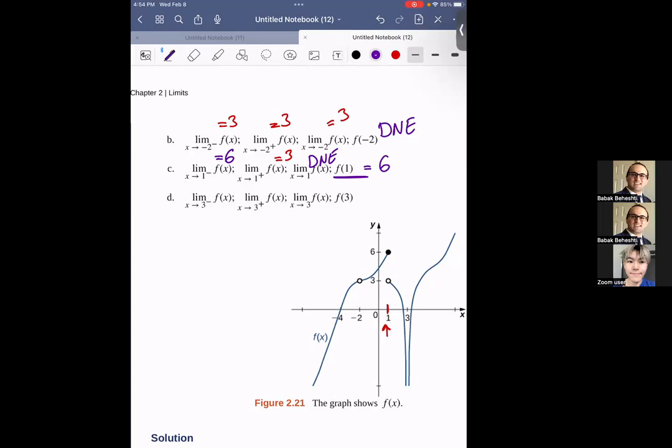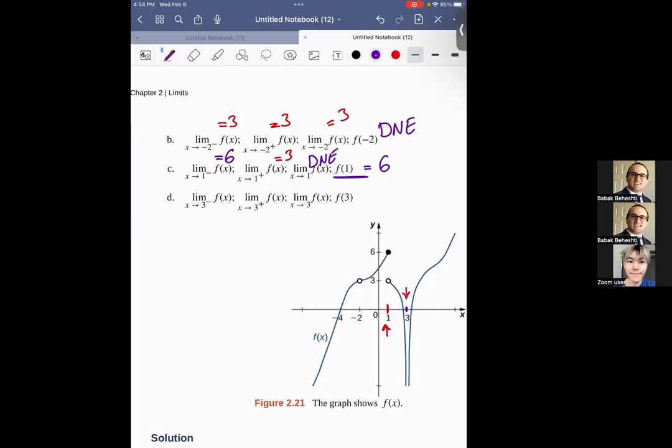Now let's look at the point x equals 3. What is the right limit as x goes to 3, or the left? Because they're equal actually. Negative infinity, very good.